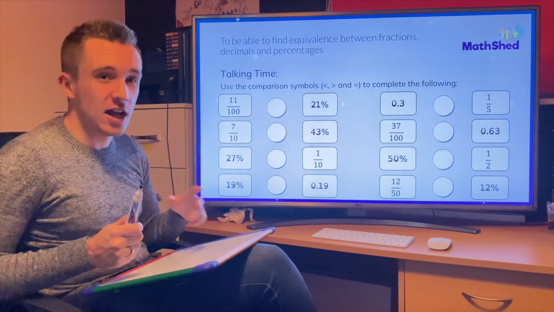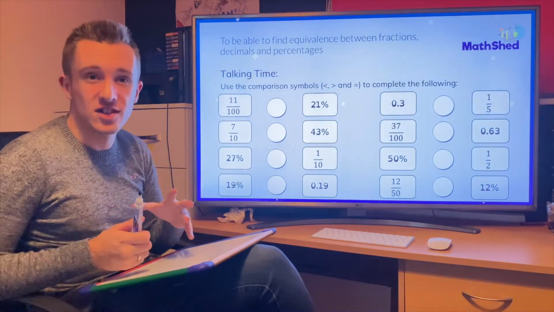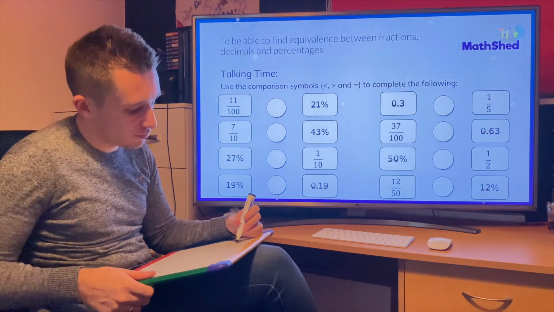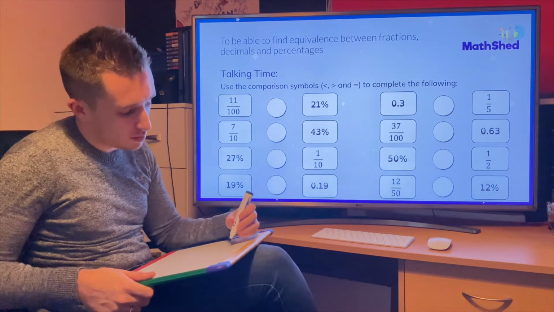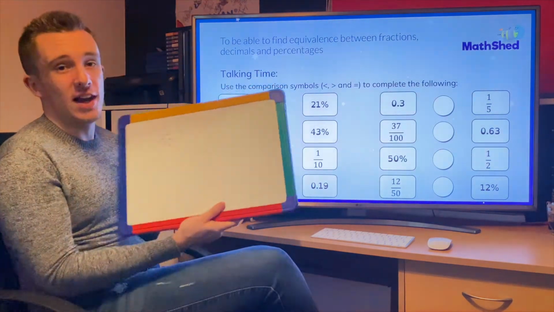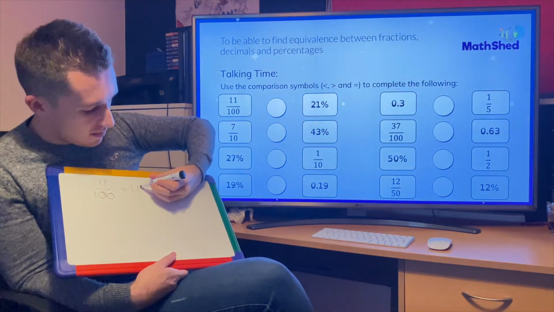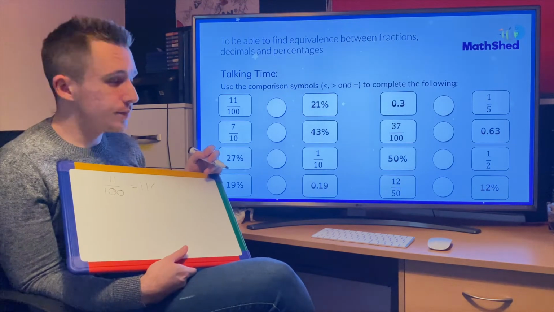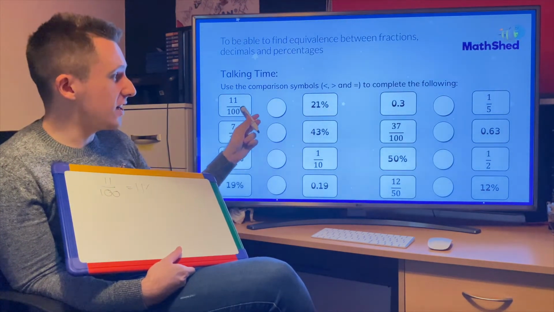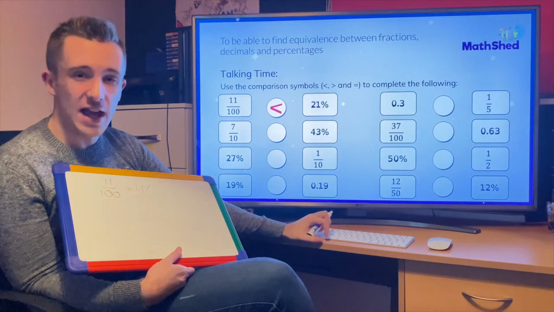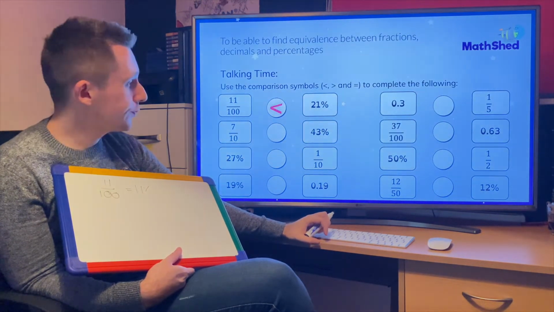So if we look at this one here, I'm going to choose to turn it into a percentage. So I'm going to take 11 over 100. Now I know that 11 over 100 is the same as 11%. Well, 11% is smaller than 21%, so that's the way my crocodile symbol is going to go.